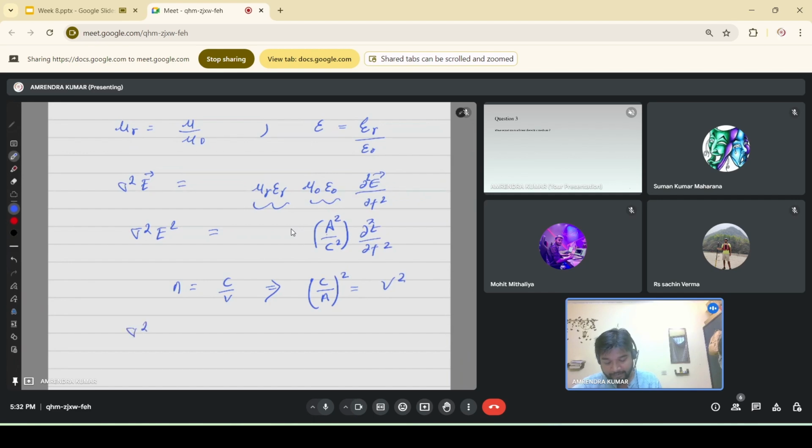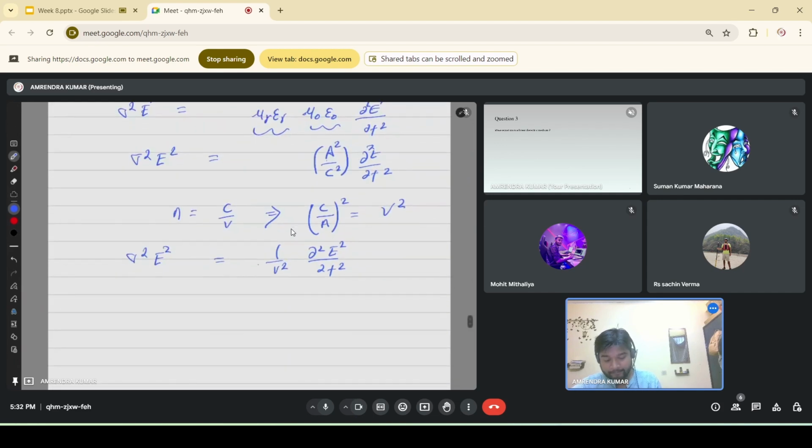So in the medium, the equation modifies to this: 1 over v square del square E over del t square. And let's compare it with the equation in the vacuum. The vacuum equation was 1 over c square del square E over del t square.